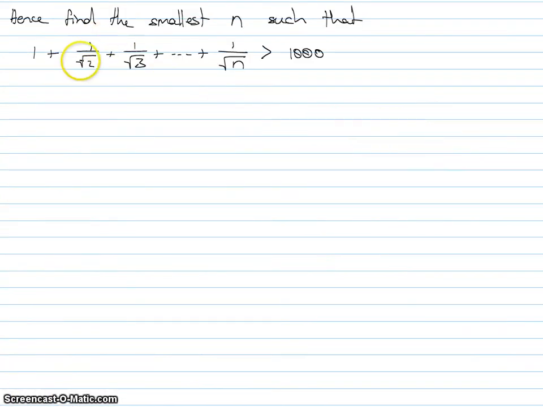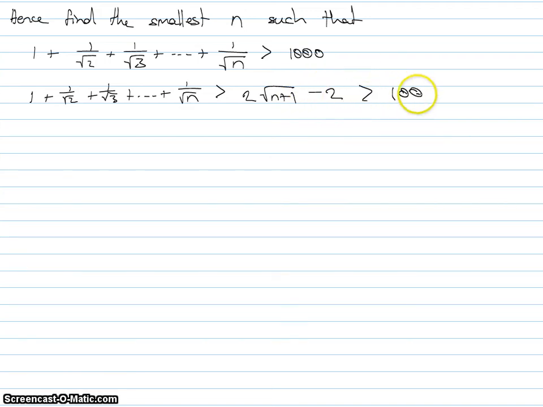The last part asks us to find the smallest n such that this summation is bigger than 1,000. Well, we know that this summation is going to be bigger than 2 root n plus 1 minus 2. So if this is bigger than 1,000, then we stand a good chance of being able to find the n that we want. So we solve this inequality, and we get 2 root n plus 1 has to be bigger than 1,002.